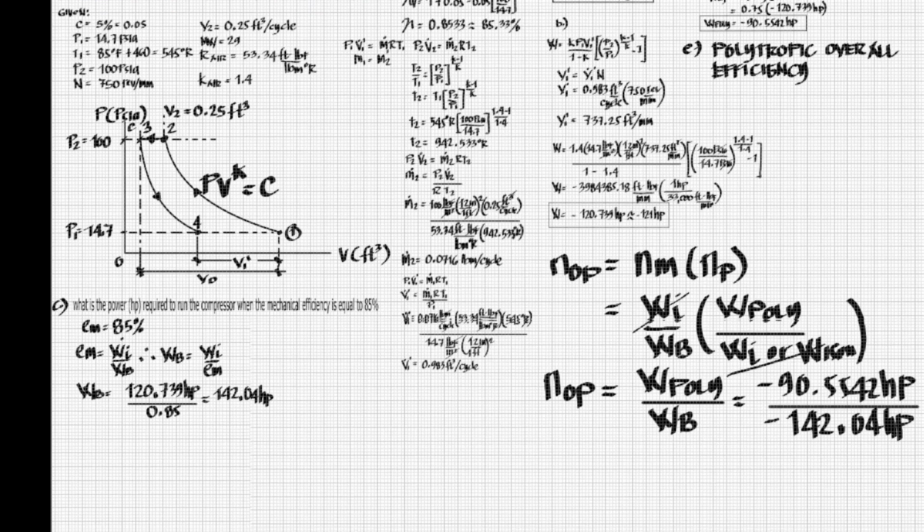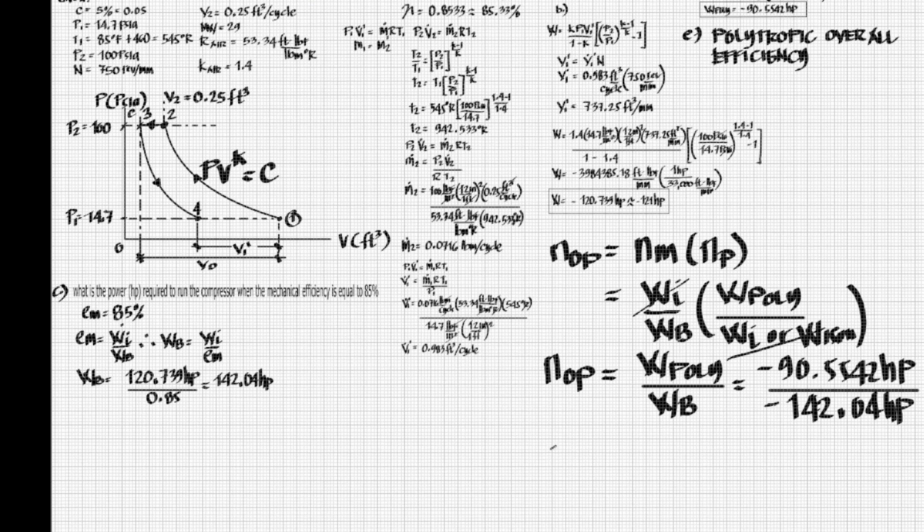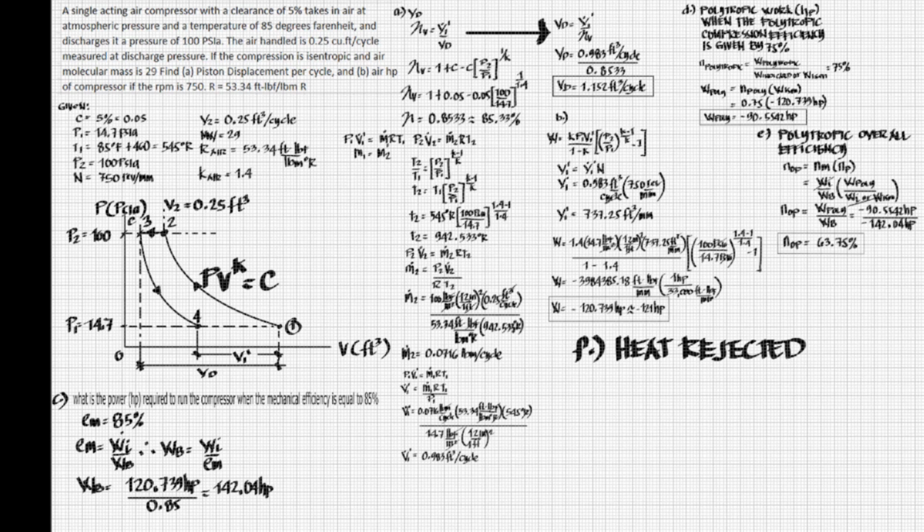Now by pressing my calculator, my overall polytropic efficiency now is equal to 63.75, so 63.75 percent. Next, for letter F, the question is how much is the heat being rejected by the system?